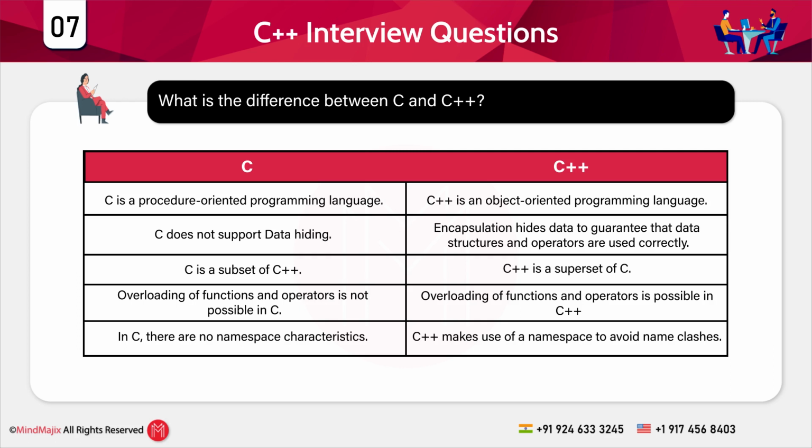We will see that in the later part of the session, like how the overloading concept works. And the last point is, in C there are no namespace characteristics, whereas in C++ you have namespace to avoid name clashes.